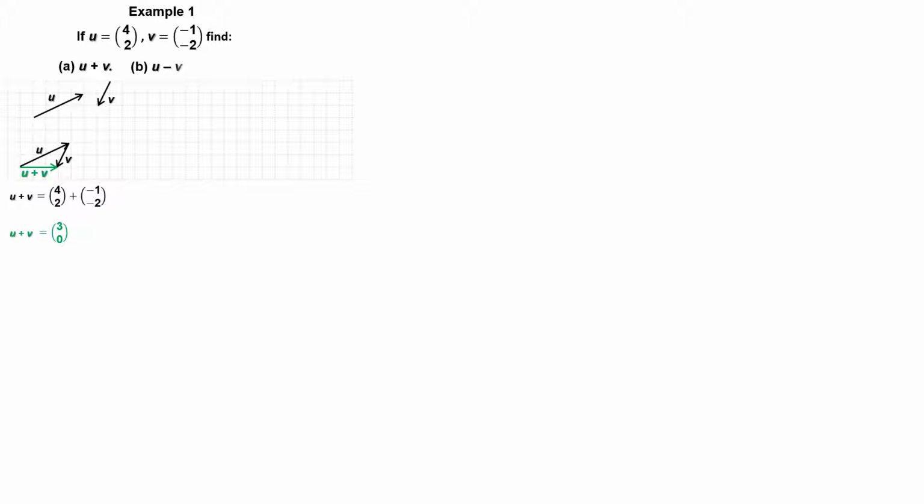Find the vector u minus vector v. Add the corresponding x and y values. Where the first vector ends, the second vector starts. Draw the resultant.